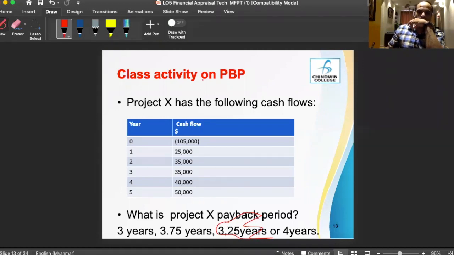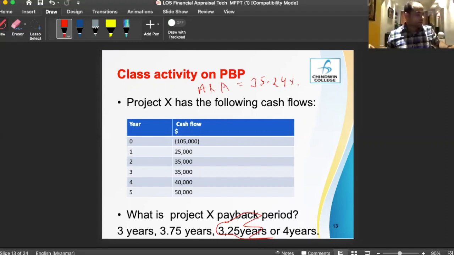Right? So can you calculate accounting rate of return, ARR, for this project? 35.24%. 35.24% will be the ARR, right?